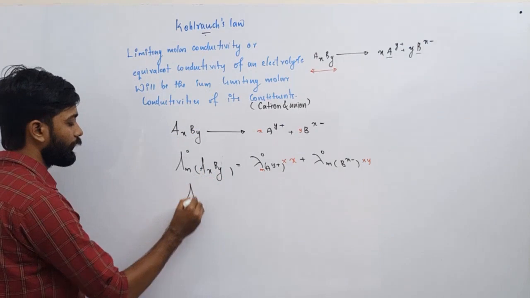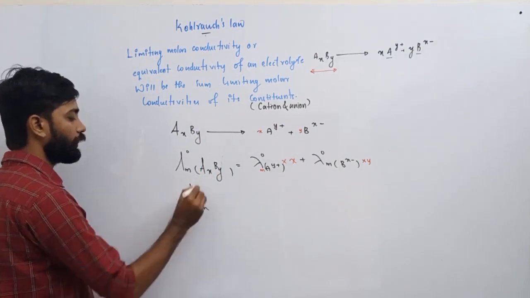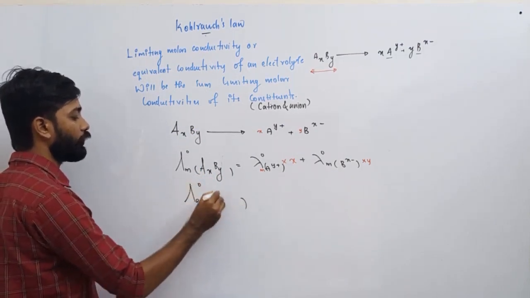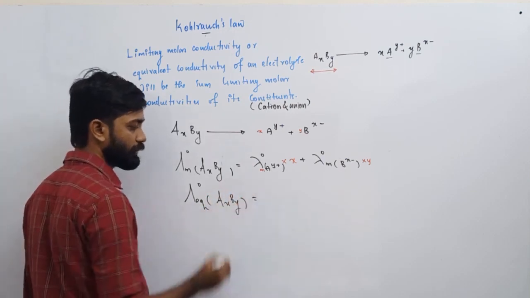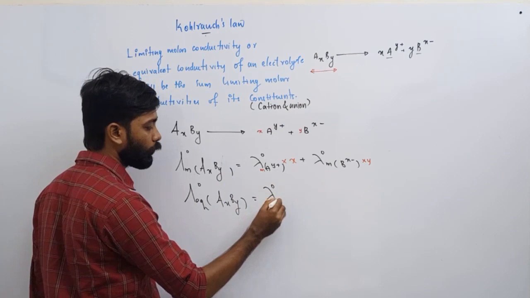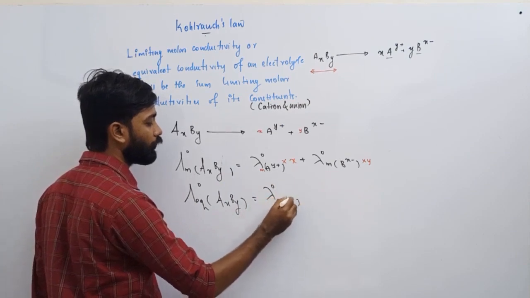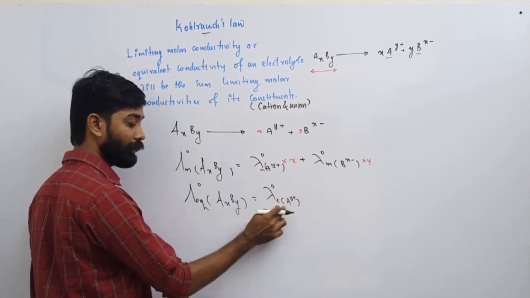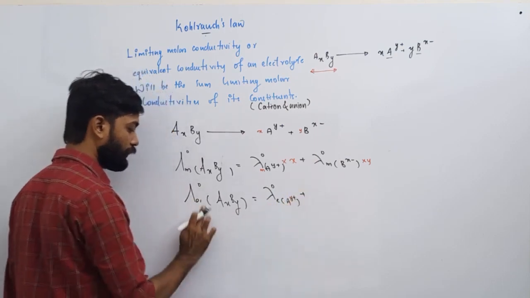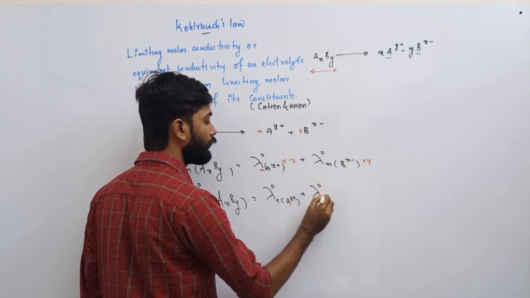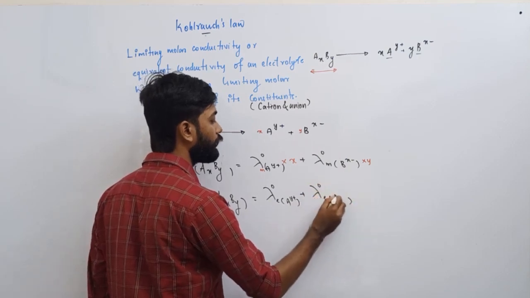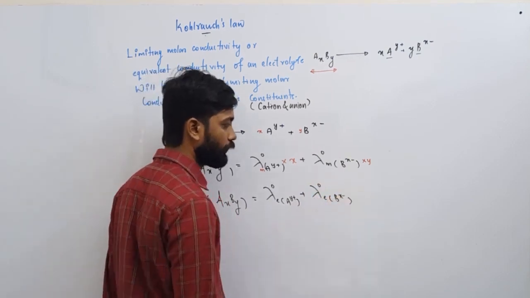Whereas the limiting equivalent conductivity of the very same electrolyte will be written as the limiting equivalent conductivity of that cation plus the limiting equivalent conductivity of that anion. This is enough.